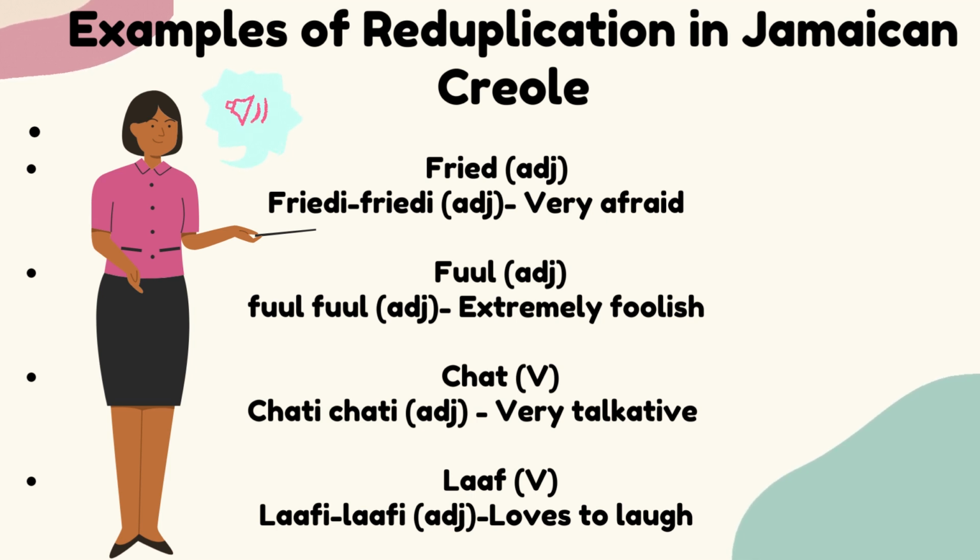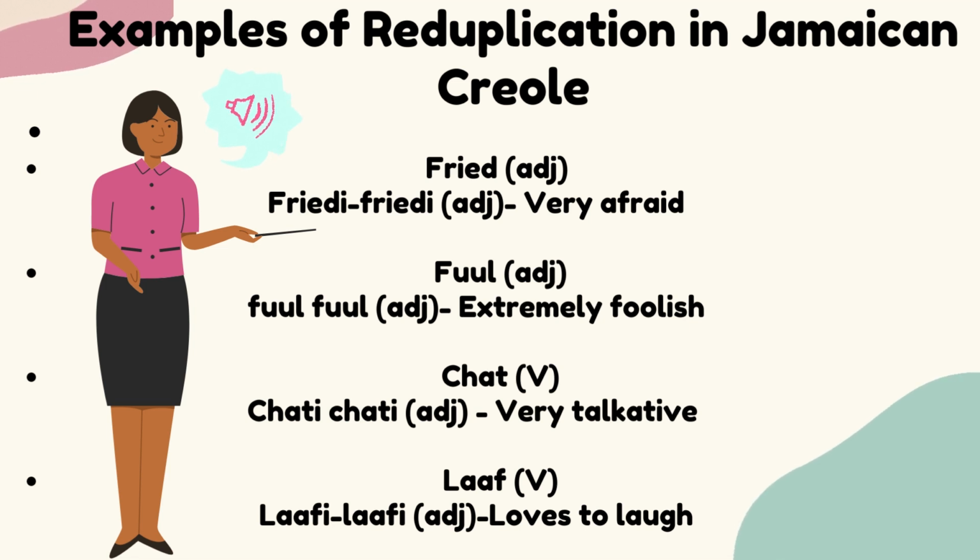So, to place emphasis, we have freed freed, also an adjective, which means very afraid. So we don't really have the meaning being changed so much. What we are doing instead is emphasizing the base word.